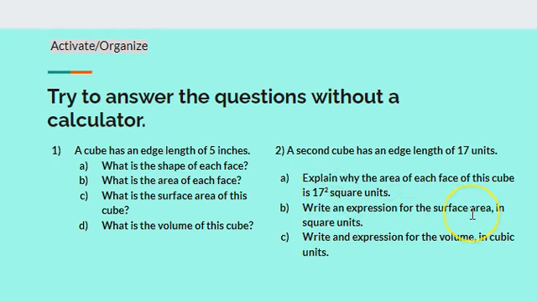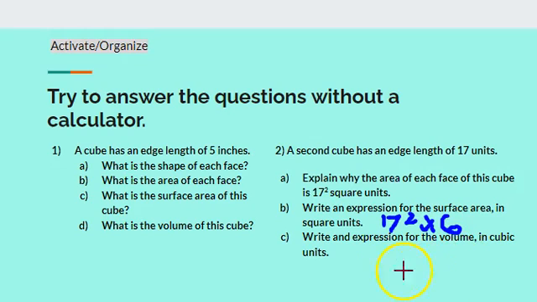What's the expression we would do for the surface area in square units? Well, I hope you knew that it was 17 squared. We're not even actually solving for an answer here. Times how many faces? 6. So if we know one face, we have to multiply it by 6 because a cube has 6 faces.